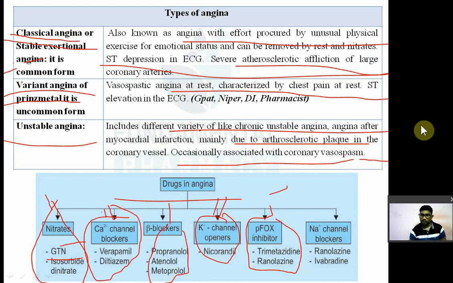So this was a question again in GPAT. One of the following drugs is a partial fatty acid oxidase inhibitor. So partial fatty acid oxidase inhibitors are nothing but trimetazidine and ranolazine. तो ये क्या होता है partial fatty acid oxidase inhibitor, ये बोलता हूँ.